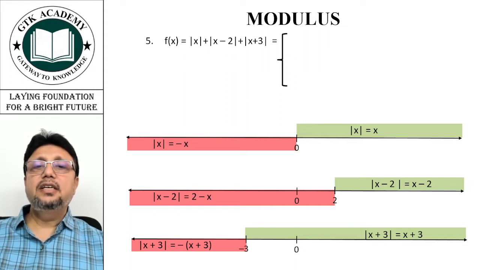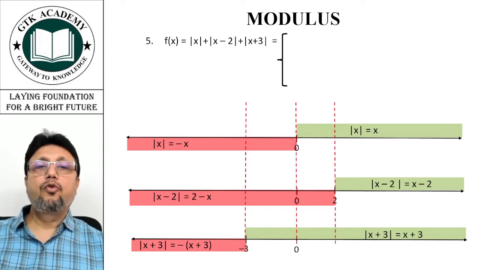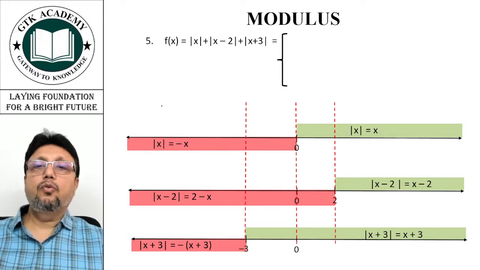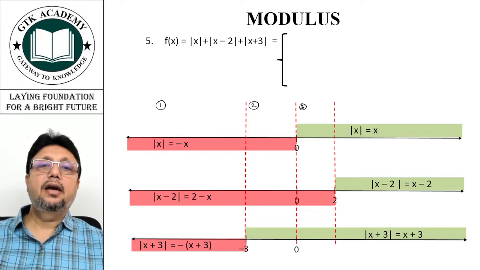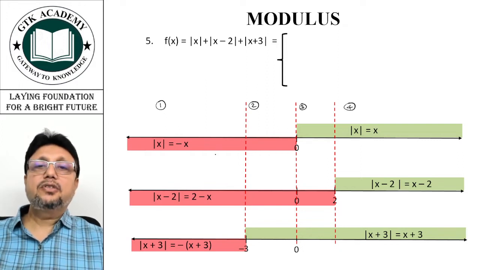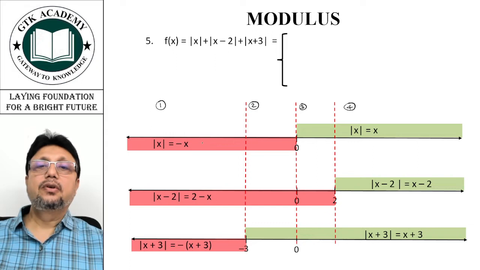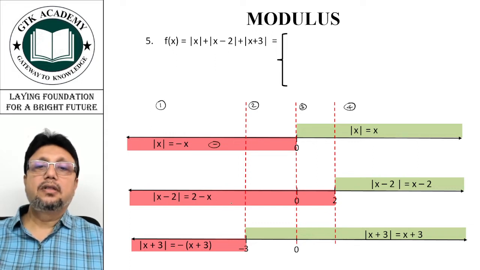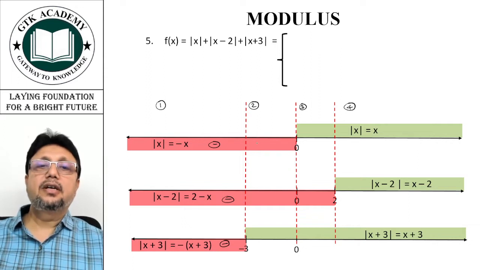Now here we can easily see that this can be divided into four regions: 1, 2, 3 and 4. In the first region, all are negative. This is negative, this is negative, this is also negative. In the second region, this is negative, but this is positive. Third region, this is positive, this is still negative, and this is positive.